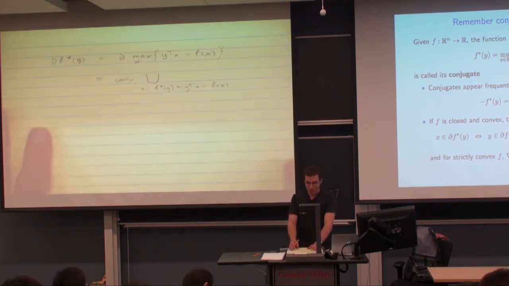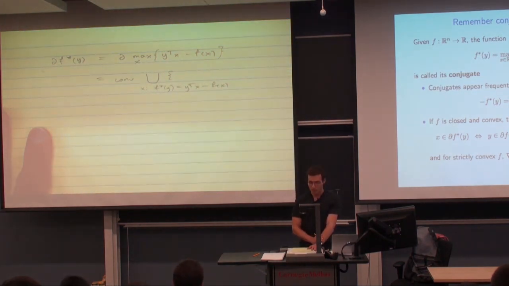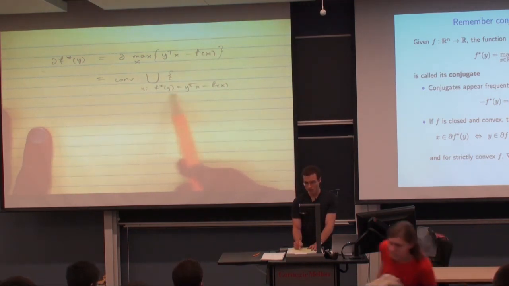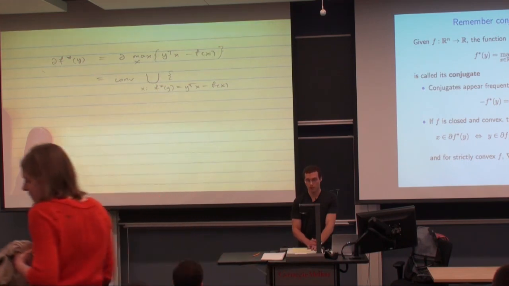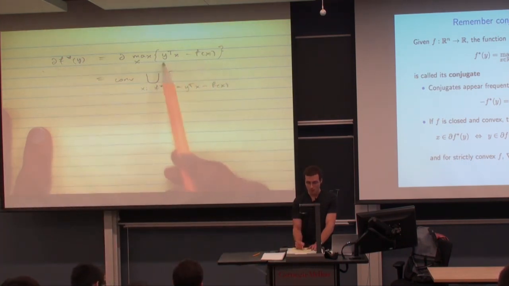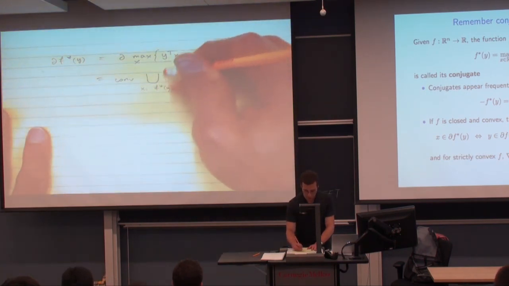Yay! So we write this as the convex hull of the subdifferentials of all the inner functions, and we take the subdifferentials over all points that achieve the maximum. And the subdifferential here is with respect to y, just like it is out here. So what's the subdifferential of this function with respect to y? It just gives us x. Right?